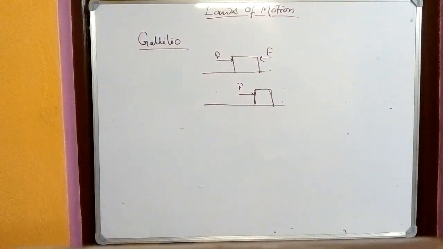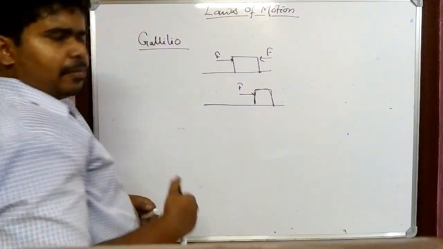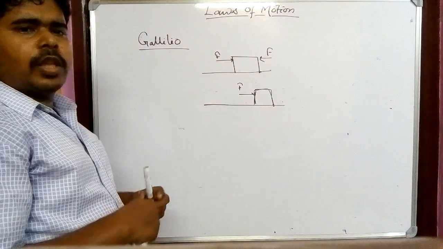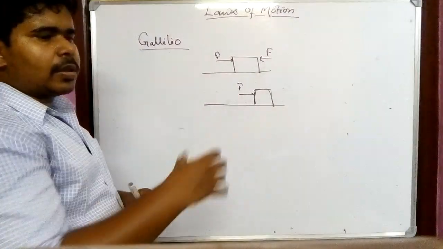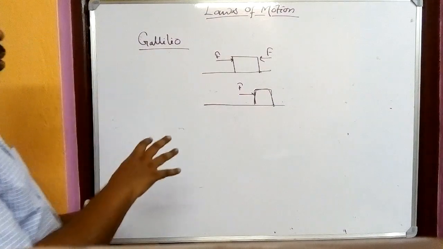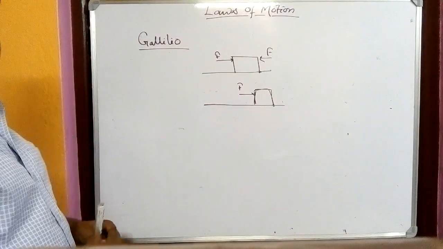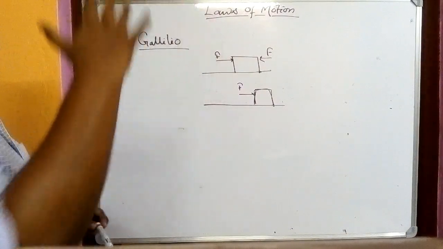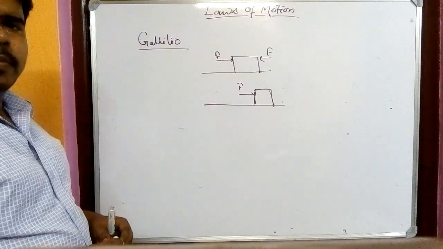Assume you are cycling. Until you apply the pedal, your cycle is moving. If you stop, after a certain distance the cycle will stop. So the scientists thought force is the one and only thing needed to move a body continuously.